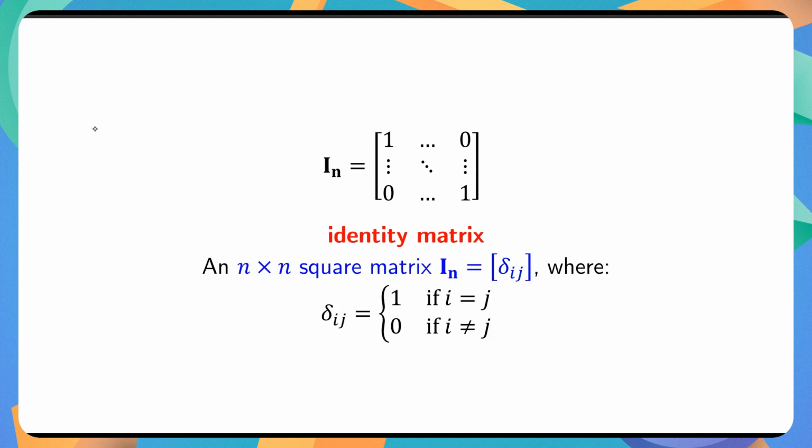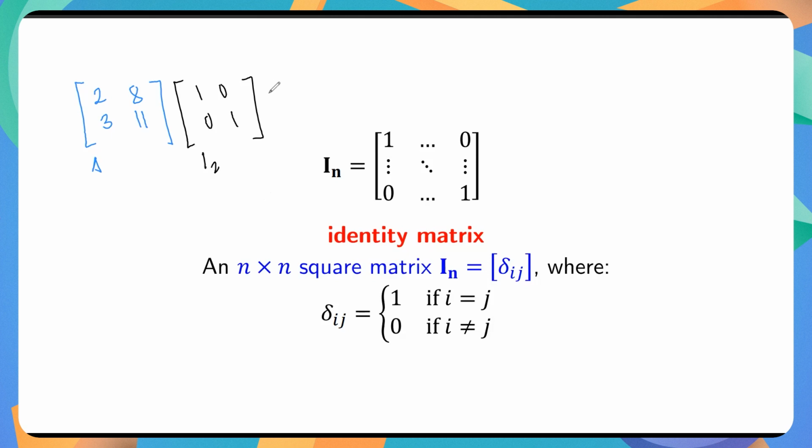Let's say we have a matrix A containing 2, 3, 8, and 11. And we want to multiply this by the square matrix I sub n, or I sub 2, because this is a 2 by 2 matrix.